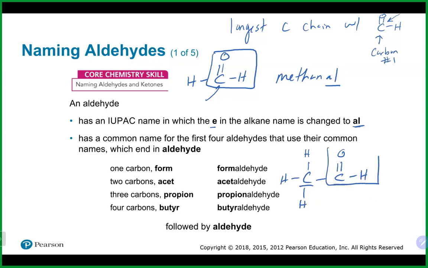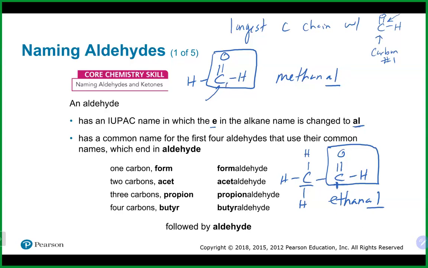We have our functional group right there. That's going to be ethanal, AL at the end of it. So again, here we use AL at the end. We want to make sure of the longest carbon chain. And in each of these cases, this would be carbon number 1 if we needed to number anything along the way. There's only 1 carbon here, so that is carbon number 1.